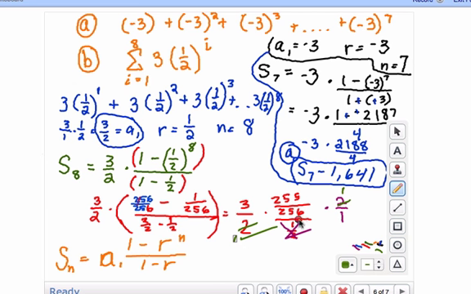And then basically we have 3 times 255, which gives you 765 over 256.